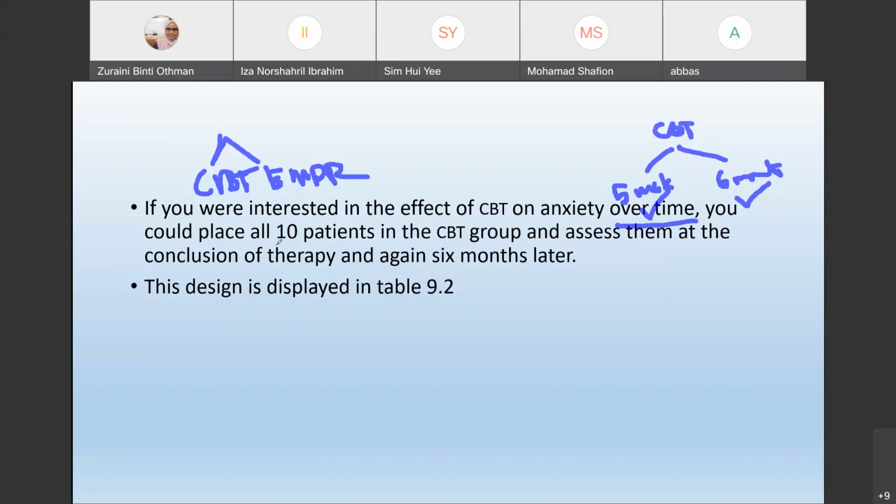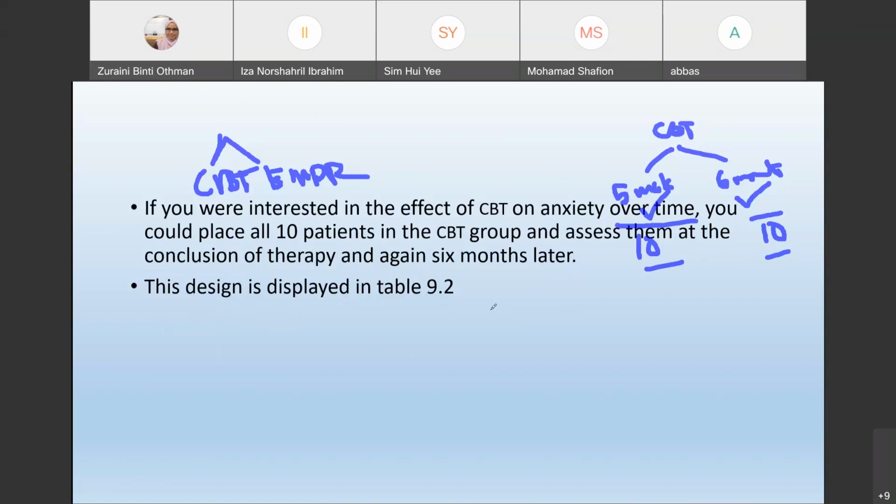Then you could place all 10 patients here, and after 6 months you measure these same people again.